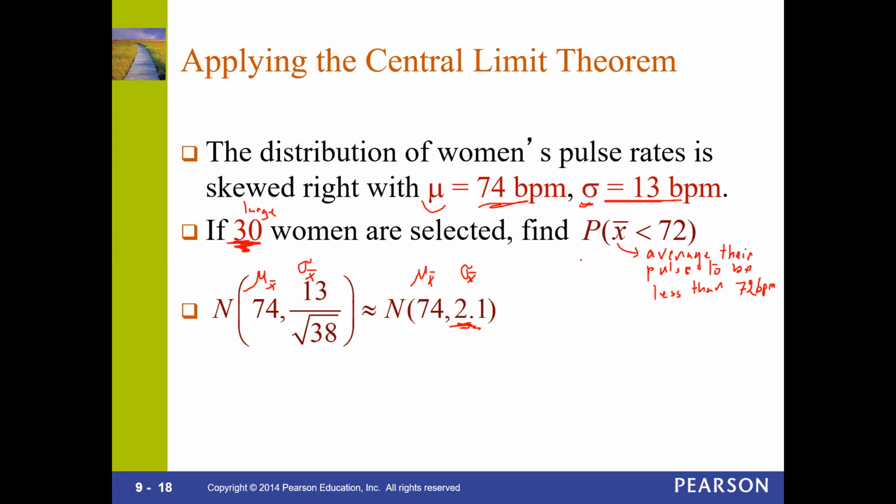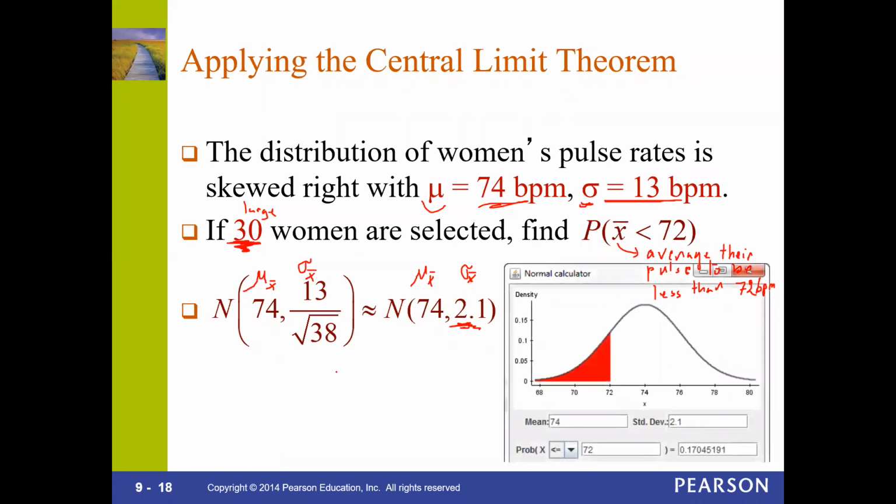When I use StatCrunch, which I'm not going to do with you right now, this is what I got. I put in 74 for the mean, and the standard deviation is 2. As you can see, this one still says X, but we need to put X bar on paper.